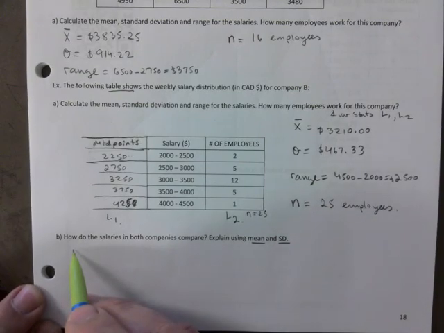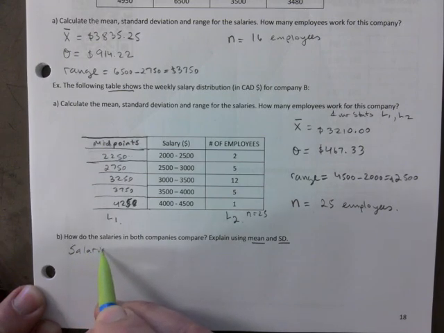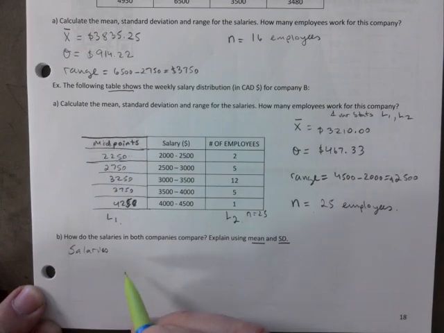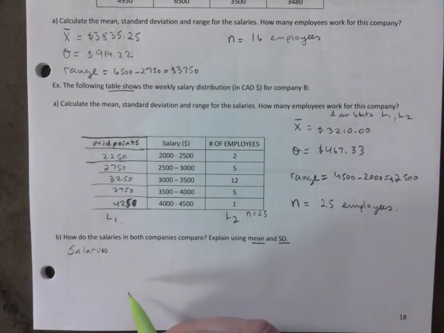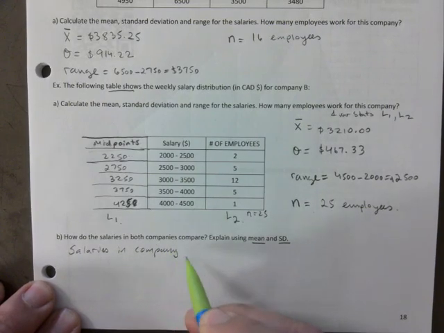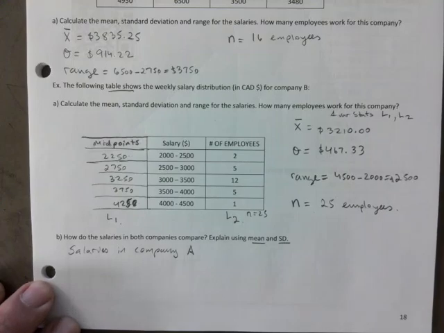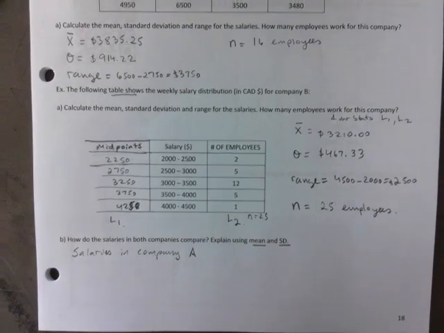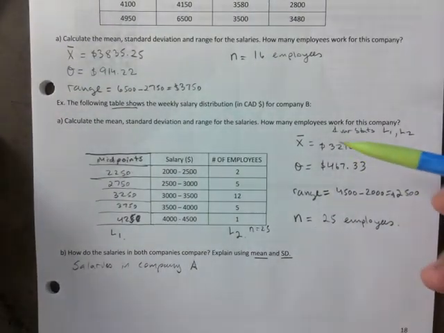So you can say that salaries in company, I'm going to talk about company A. Company A, what can we say? Tend to be higher or lower when we look at the average? Higher, right? Look at the average.